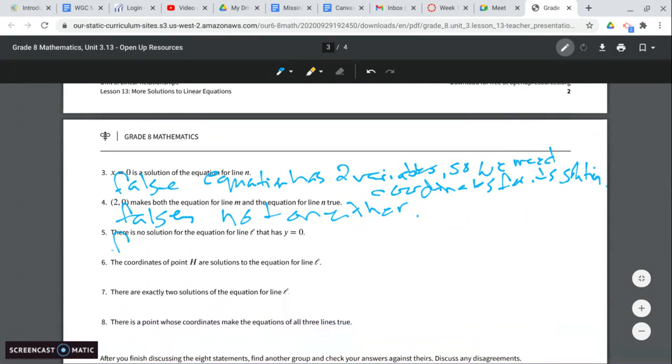So false, if we extend the line, we will have a solution when y equals 0.